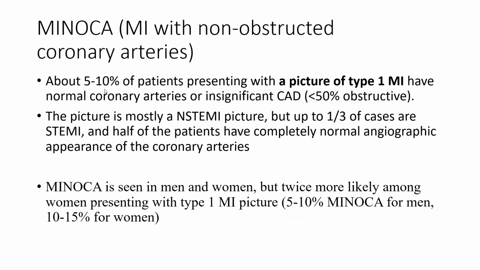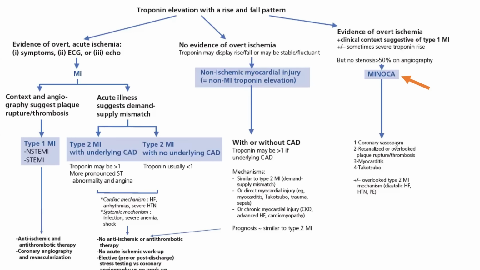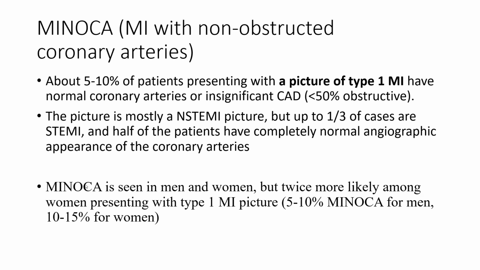So MINOCA is not uncommon: 5 to 10% of patients presenting with a picture of type 1 MI have normal or insignificant CAD, less than 50% obstructive. The picture is mostly a non-STEMI picture, but up to 1/3 of cases are STEMI in registries, and half of the patients have a completely normal angiographic appearance of the coronary arteries, even if eventually OCT or IVUS do show plaque disruption, plaque erosion.